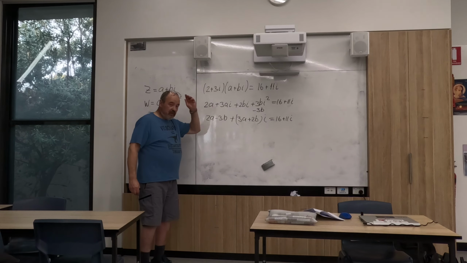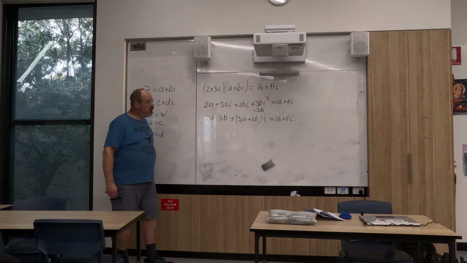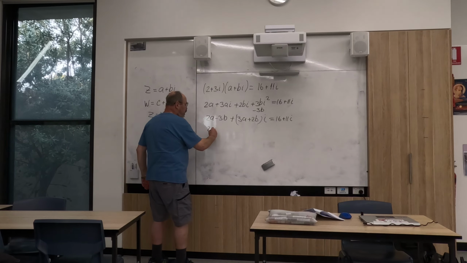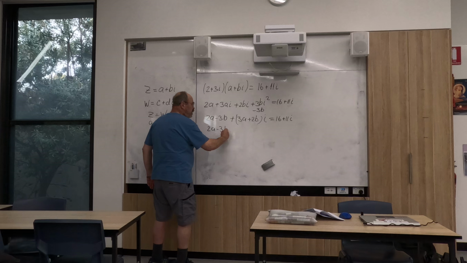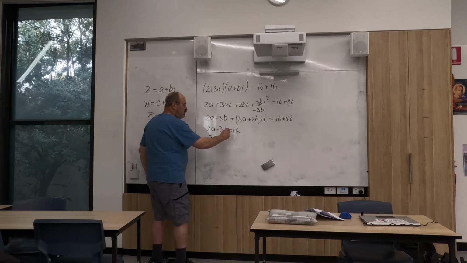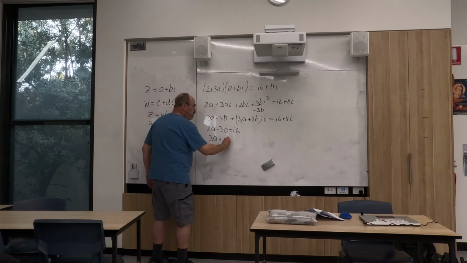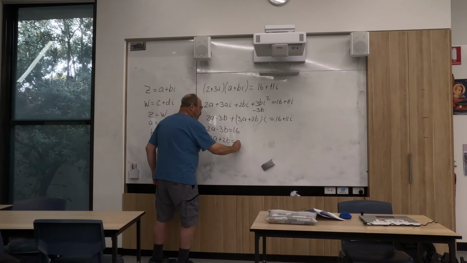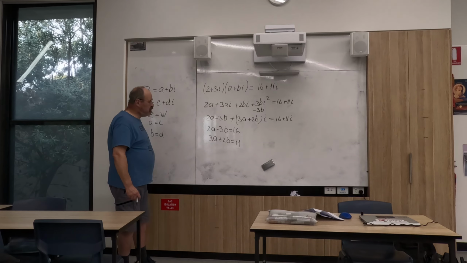Two complex numbers are equal, which means their real parts are equal, so 2a minus 3b equals 16, and imaginary parts are equal, 3a plus 2b equals 11. Then we just solve two simultaneous equations.